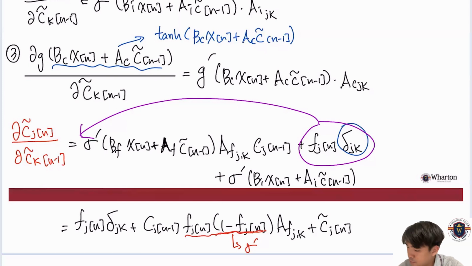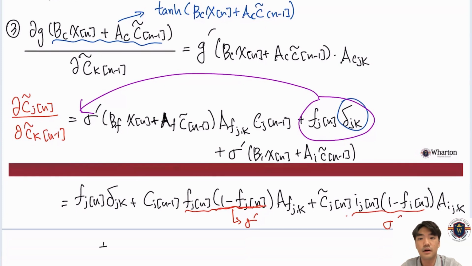And then multiply by the jkth entry of F, plus the candidate state, plus the input gate Ijn, and then the same, 1 minus Ijn. This is the result of the derivative of the sigmoid function.